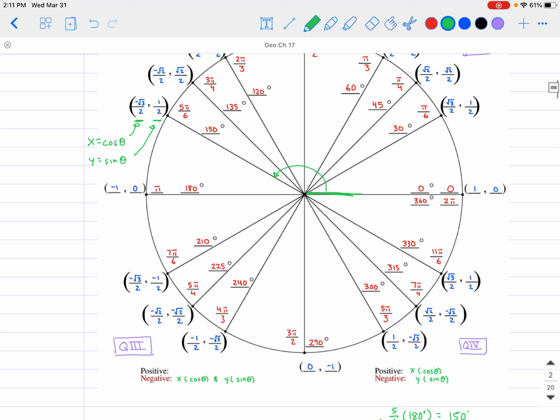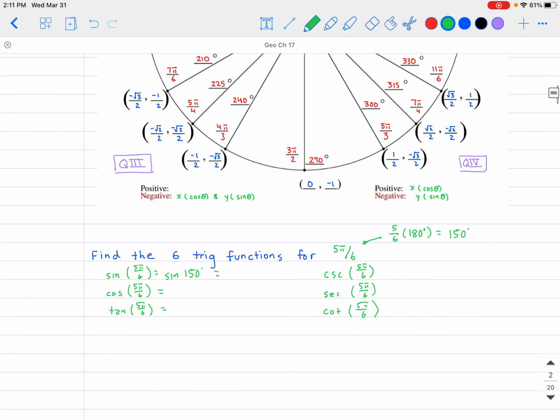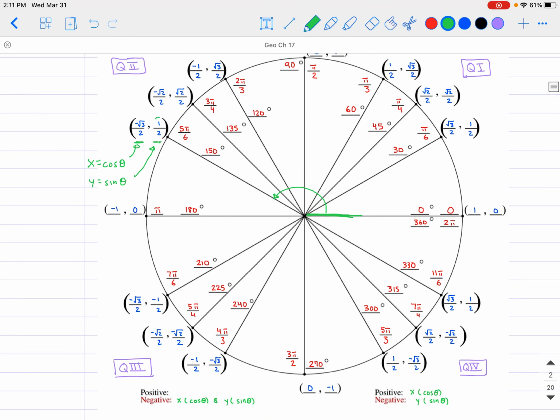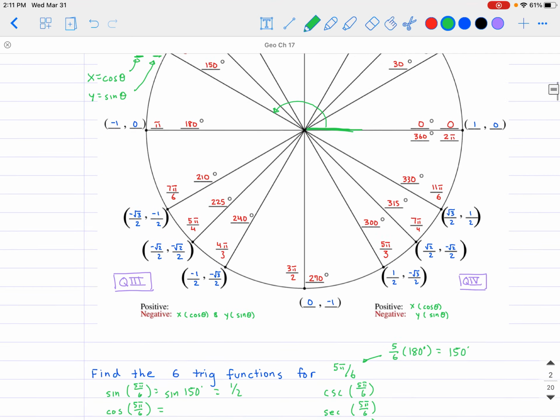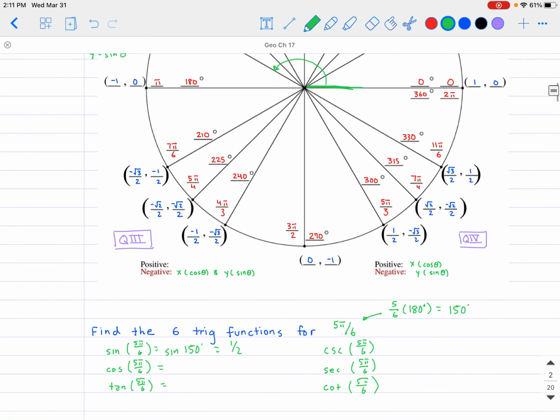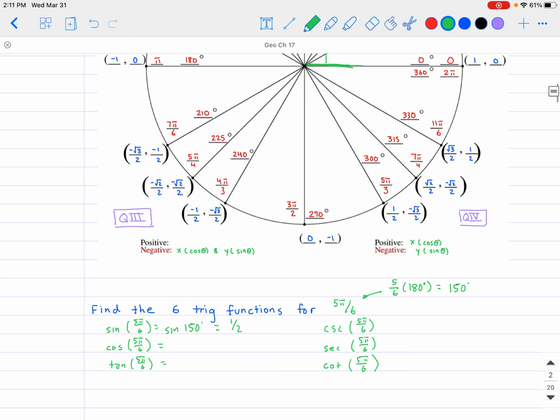So according to what I need to solve for, the sine of 150 degrees, or the sine of 5 pi over 6, is going to be equal to 1/2, because that's the y value over there. Then if I want the x value, that is going to be the cosine, which is negative root 3 over 2.